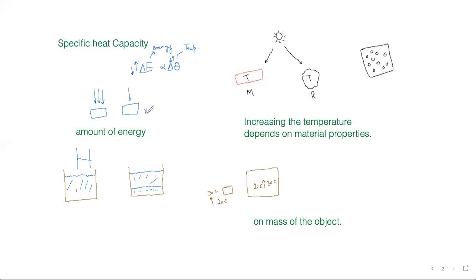Now, what do we have next? Let's say this is our mass, the concept of mass. How can we include the mass here? If, for example, we have a larger mass, then we need a larger amount of energy to give it some particular temperature, isn't it? If mass is bigger, then of course you need to give more energy to bring it to a certain temperature.